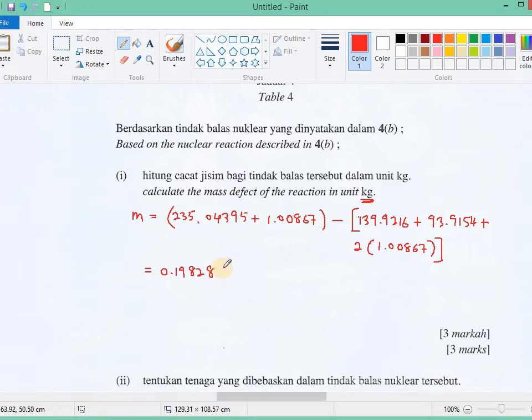And then you take 0.19828 atomic mass unit and multiply by 1.66 times 10 to the power of negative 27, because 1 atomic mass unit equals 1.66 times 10 to the power of negative 27 kilogram.